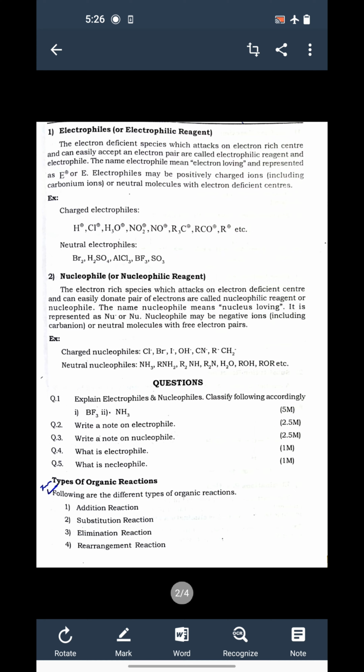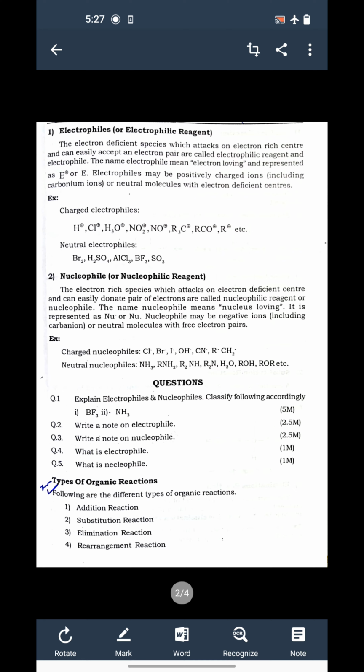So first is electrophile. What is an electrophile? Phile means loving. So an electron loving species is called an electrophile. Which species must be electron loving? Of course, the species which is itself deficient of electrons must be loving of electrons, and therefore it is called an electrophile. Electron deficient species are, for example, ions which carry a positive charge.